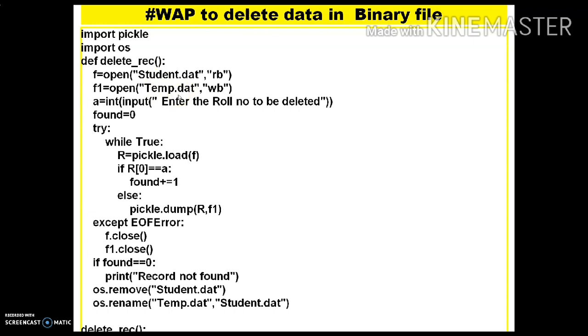If the record is found, found is equal to found plus 1. F1 is the temp.dat file here. The records that do not match are dumped into the temp.dat file until you reach the end of the file.